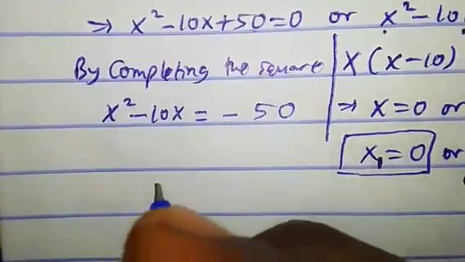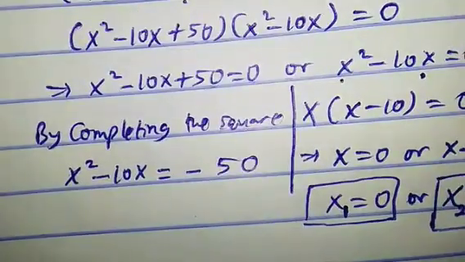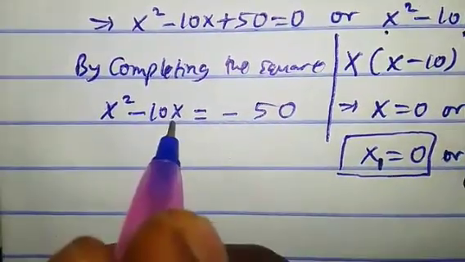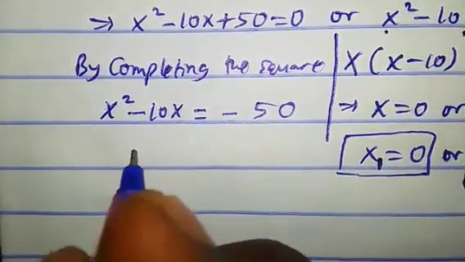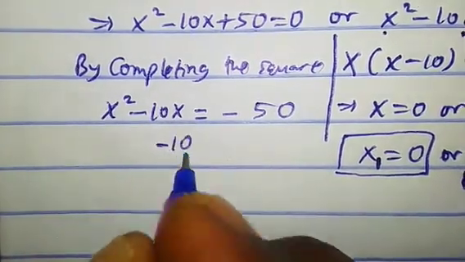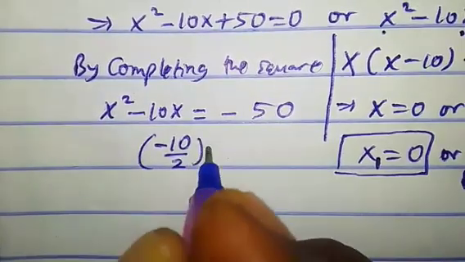Now, let us add half of the coefficient of x and at the same time square it to both sides. The coefficient of x here is −10. Half of it will be −10 divided by 2, and we square it.